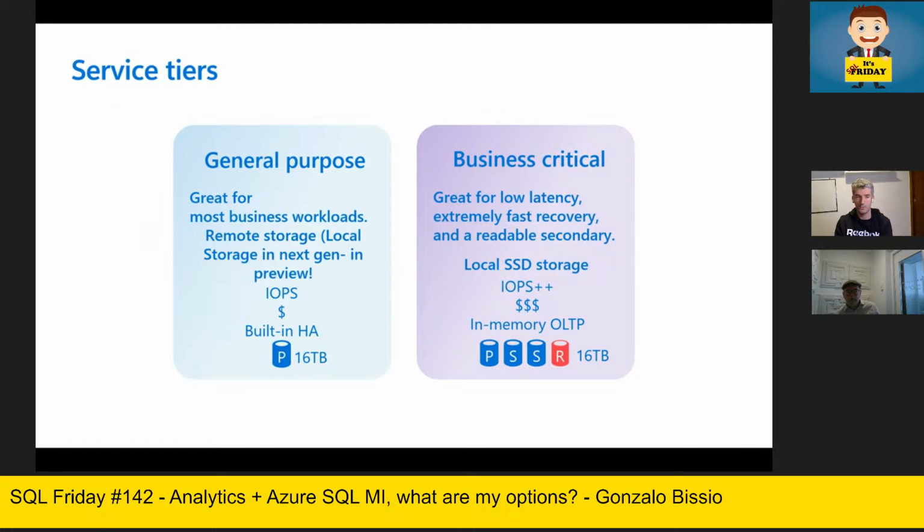So now you can have more IOPS and more performance than before, when you used to have blob storage, which was remote storage. Sometimes the latency hit that particular service tier. So now you can choose, and I will show you in a few minutes within the portal. In fact, now you can choose the number of IOPS that you are going to use. Obviously, more IOPS, more cost, because you will be having more performance. But as of now, you can choose that.